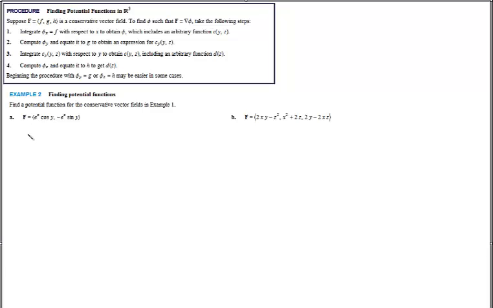So the first thing that they tell me to do is integrate phi x dx, and we integrate it with respect to x, and that would mean we're integrating e to the x cosine y dx. This integral is then going to be e to the x cosine y plus some constant.